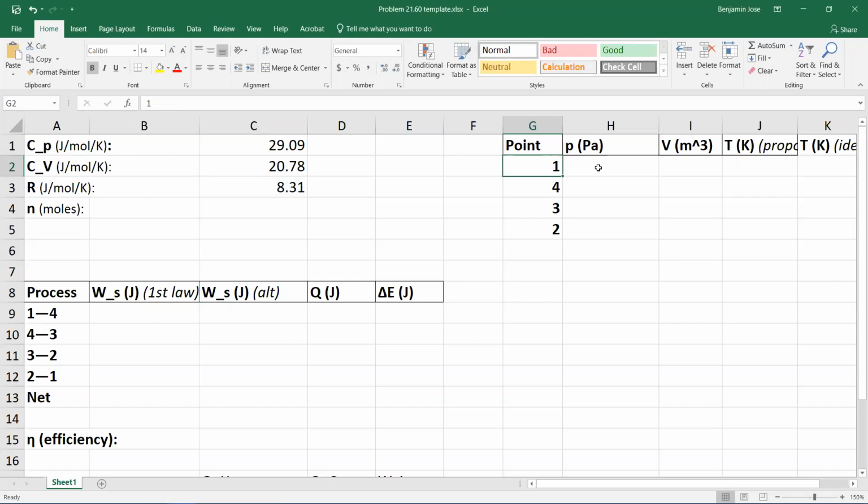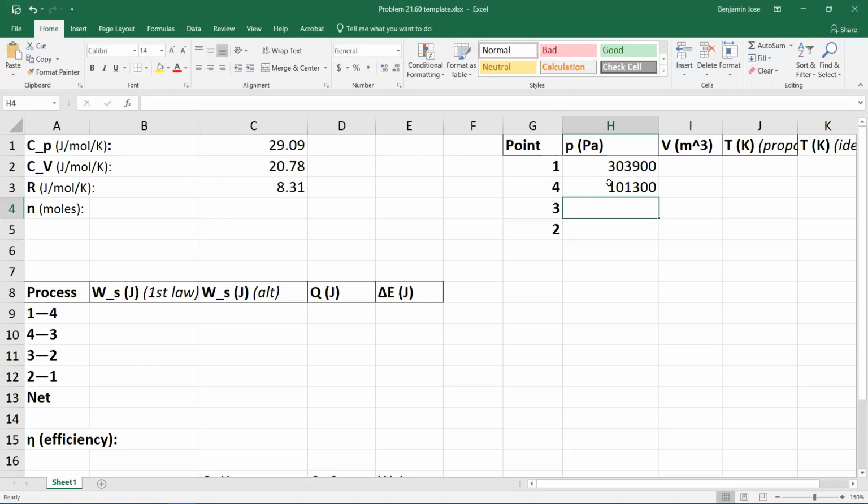This is top left, bottom right, top right. Okay, the pressure, that was the 3 atmospheres. Let me start with the one on the bottom. This is bottom left at 1 atmosphere, which would be 1.013 times 10 to the 5th in SI units. And pressure at point 1 was 3 atmospheres, so that would be 3 times the pressure here.